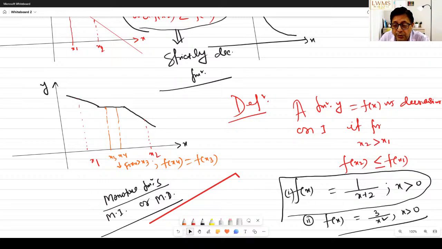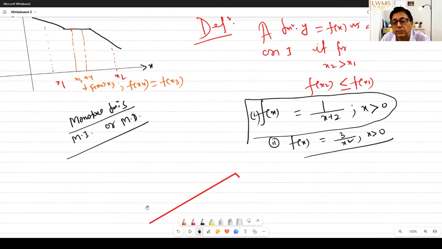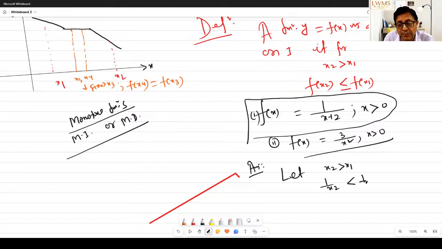Now for x greater than 0, to prove this, how to proceed? f(x) equal to 1 by (x plus 2). You can start in the same manner, that is, let x2 be greater than x1. So 1 by x2 should be less than 1 by x1.